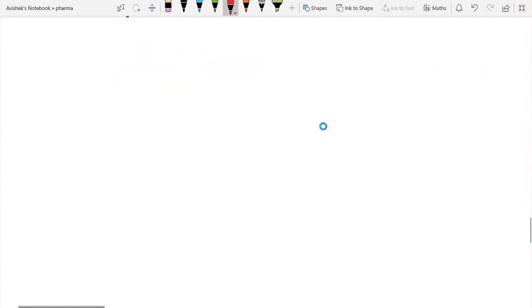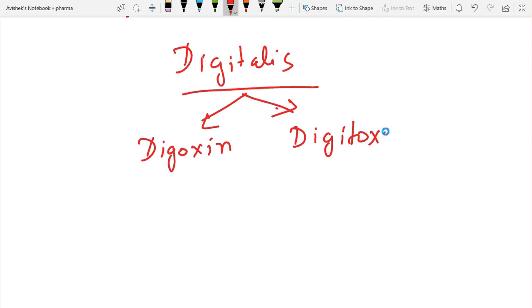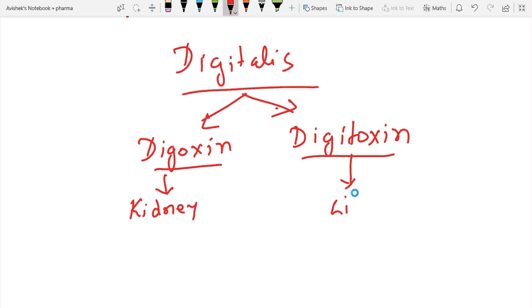Now we'll learn about Digitalis drugs. In Digitalis, there are two drugs, which are Digoxin and Digitoxin. Digoxin works through the kidney. Digitoxin works through the liver. Maximum toxin works on liver.